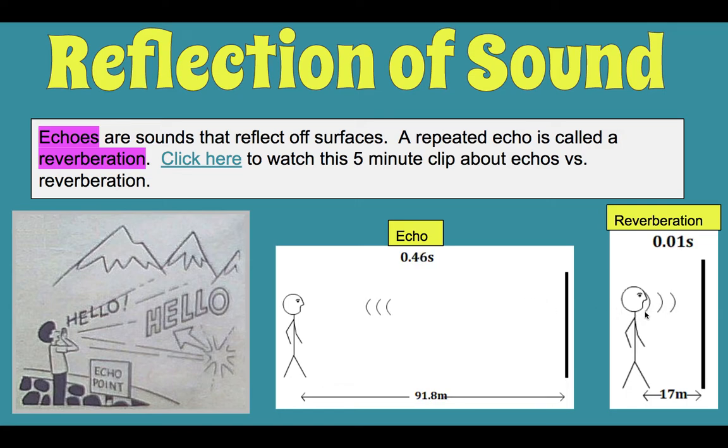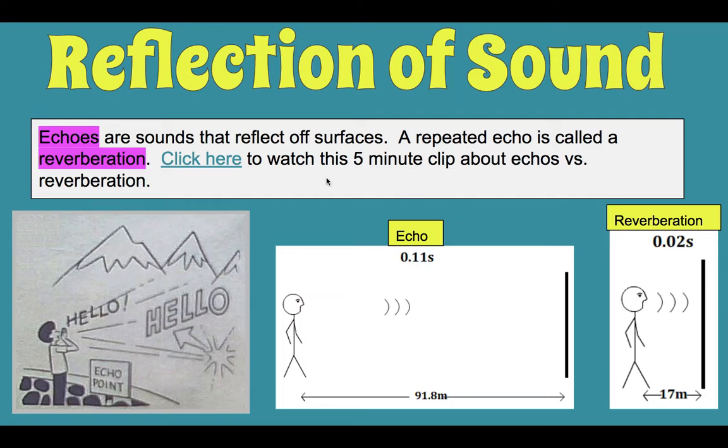A repeated echo is a reverberation, but it's not just repeated, it's going so fast. With a reverberation, the sound reflects off the surface so fast and comes back at you that your brain can't interpret the separate sounds. So instead of hello, hello, hello, it's more like hello, hello, hello, hello, and your brain hears it as hello.